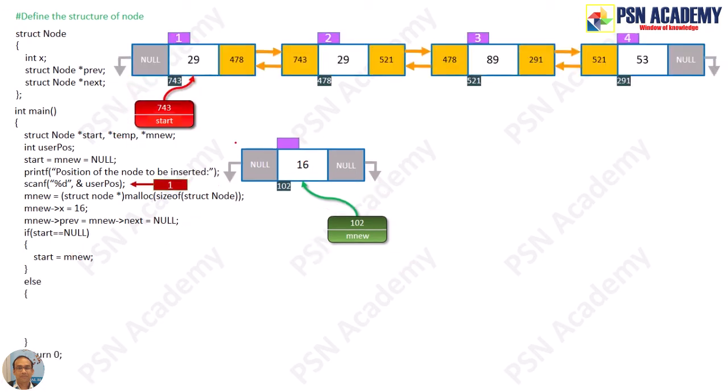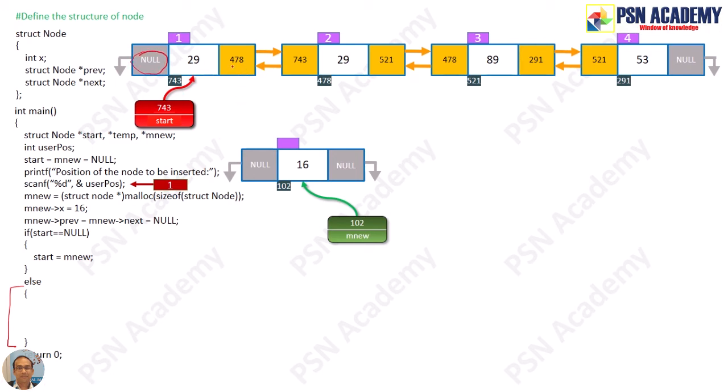Now here is another situation where start is not null. That means start is pointing to a node at 743. So that comes with the else part here. Now you see the situation, the start is pointing at 743 and this node is the first node with the prev pointer null.